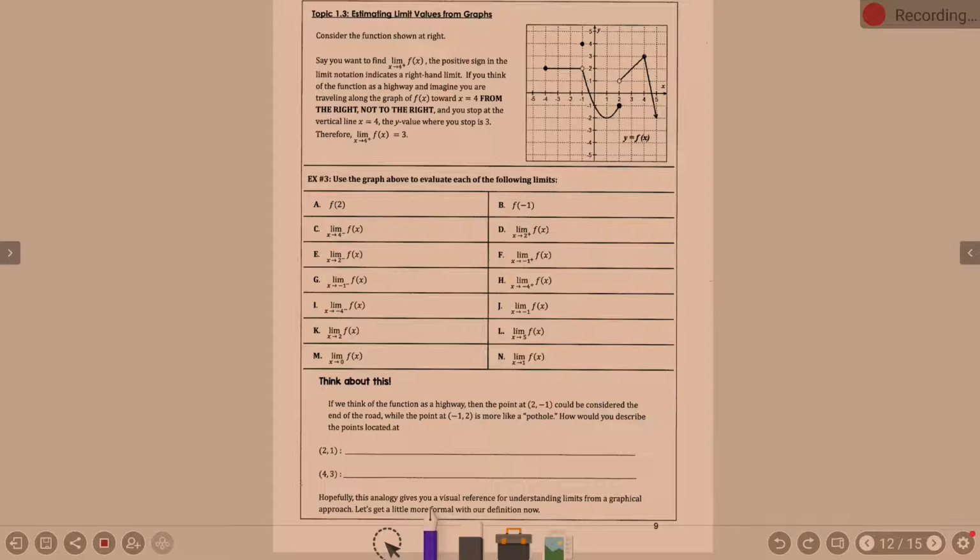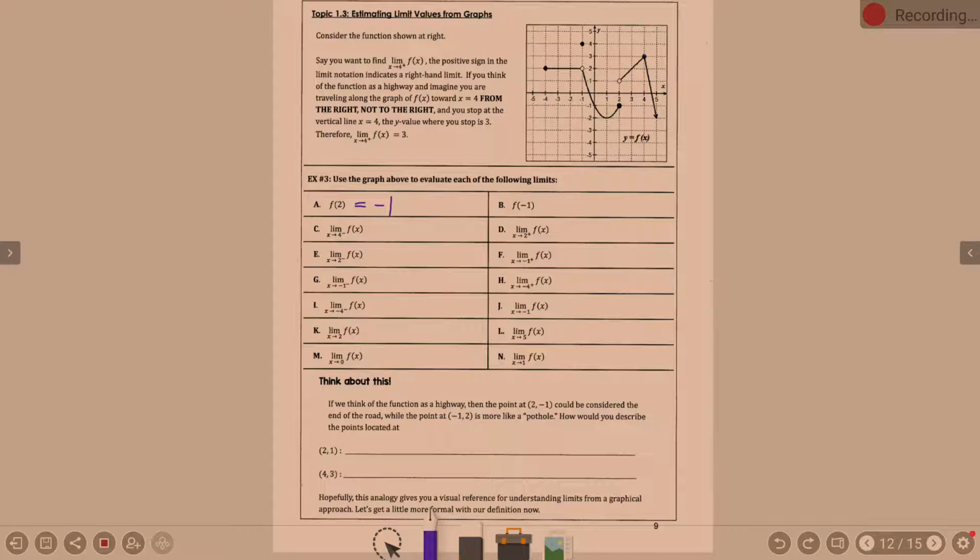Is that a limit? Technically, is that a limit they're asking for? No. They just want to know what is the function value when x equals 2. So what is the y value when x equals 2? And what would you say here? -1. -1? I hope you agree with this -1.